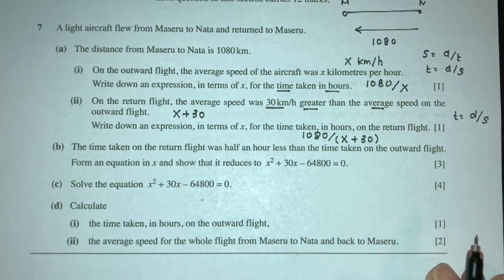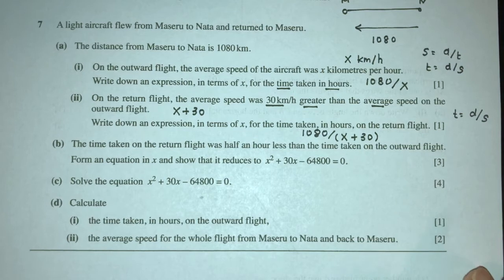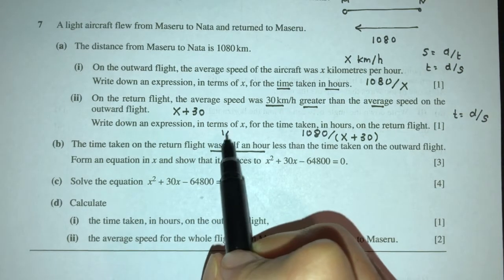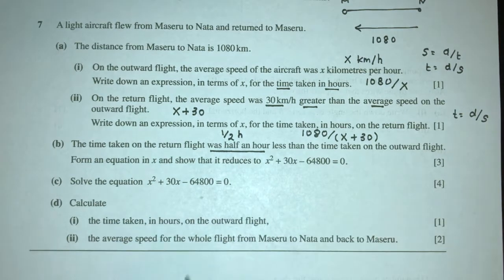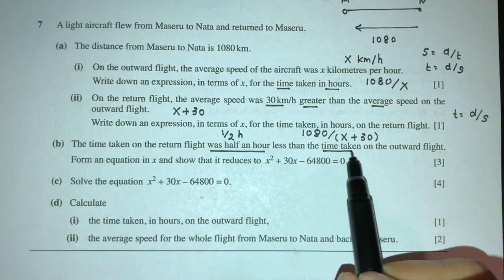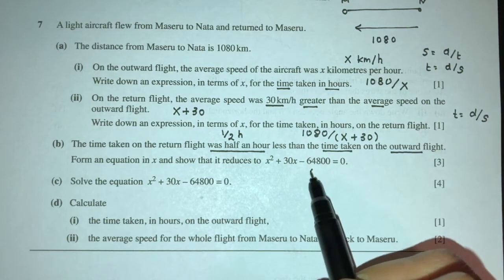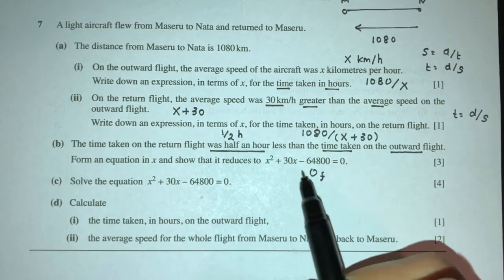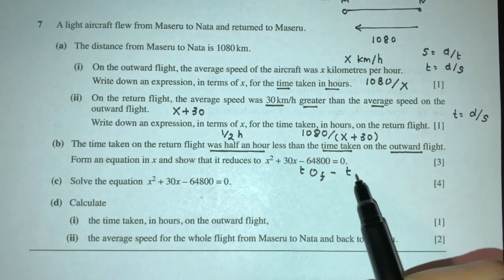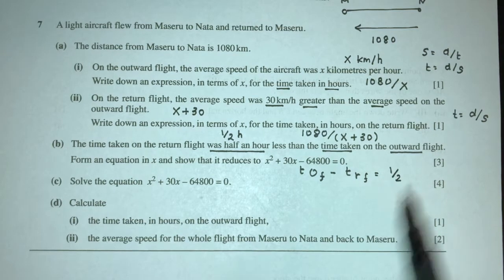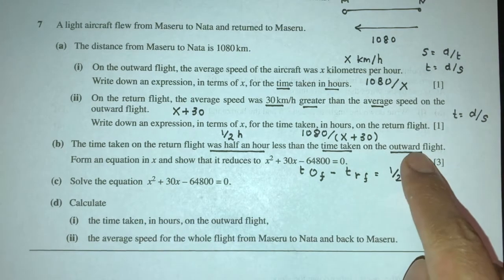Now part B, the time taken on the return flight was half an hour, which is 1/2 hours, less than the time taken on the outward flight. So basically they are trying to say the time taken of the outward flight minus the time taken of the return flight should give you half, because it takes more time to go.